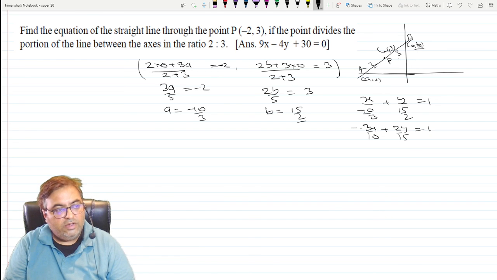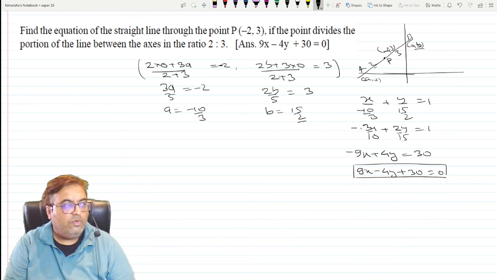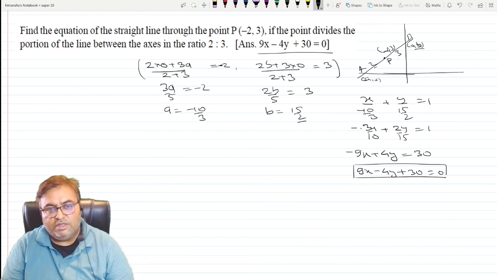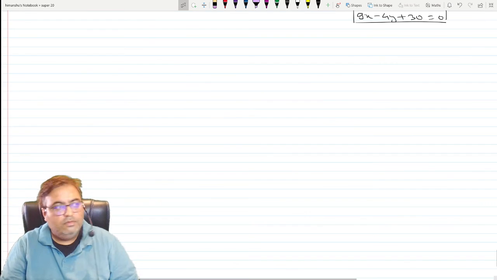Multiply by 30, so that will give you -9x plus 4y equals to 30. So the equation will be 9x minus 4y plus 30 equals 0. This is the equation of straight line which is required. As you can see, it matches the answer. Okay.